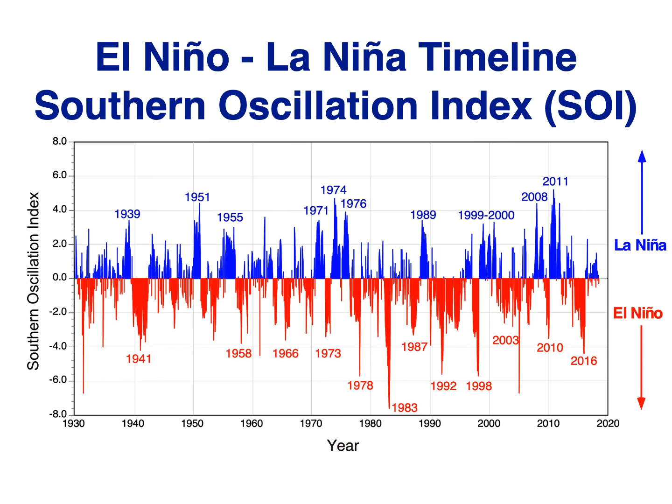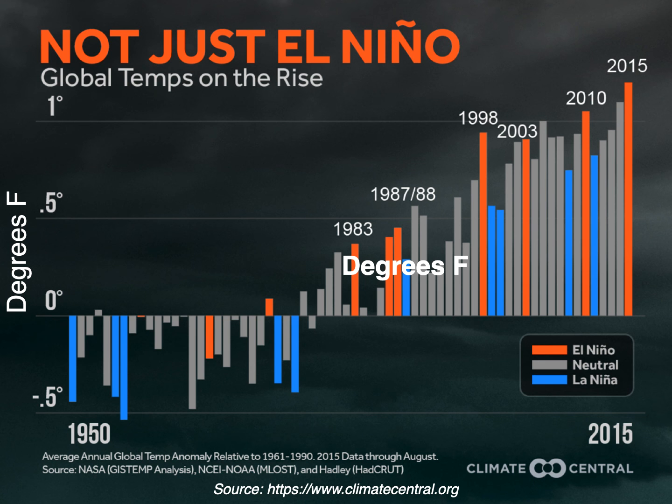As I said, El Nino tends to be associated with variations in global temperature that are higher than the baseline, and La Nina tends to create global temperatures that are lower than the baseline or best fit line through the data. So here we've identified some of the major El Nino events. You can see they show up at peak temperatures, and the blue represents some of the La Nina events.